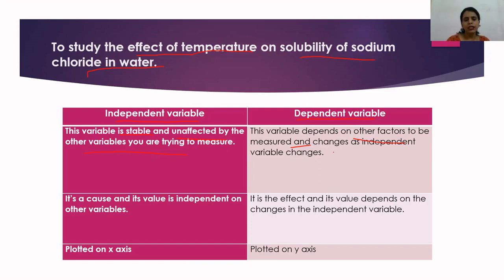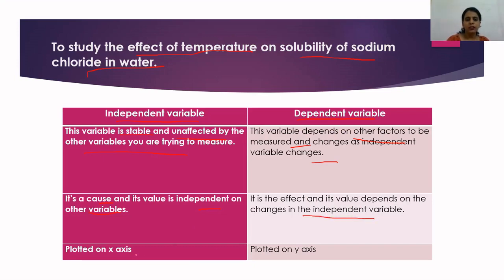And remember that independent variable is a cause and its value is independent of other variables. Okay, and dependent variable is an effect, or you can say it's a result, and its value depends on changes in the independent variable.